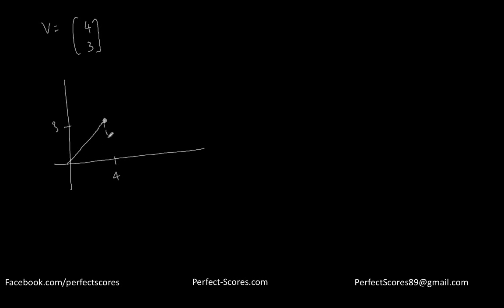Now if you join this here, this is equal to 3 and this is equal to 4. And if you use Pythagoras theorem, the r value would be equal to square root of 4 square plus 3 square, which will be equal to square root of 16 plus 9, which is square root of 25, that is 5. That means this is going to be 5.